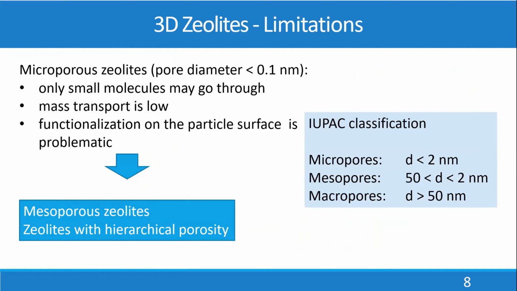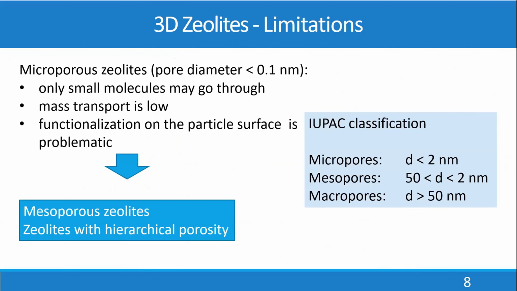As I said, the pore diameter is normally restricted to 10 angstrom. So only small molecules may go through. It means that the catalytic reactions we want to force with these materials are rather limited because of this limited size.